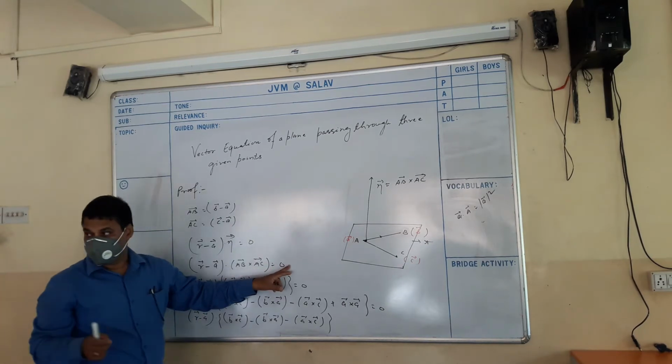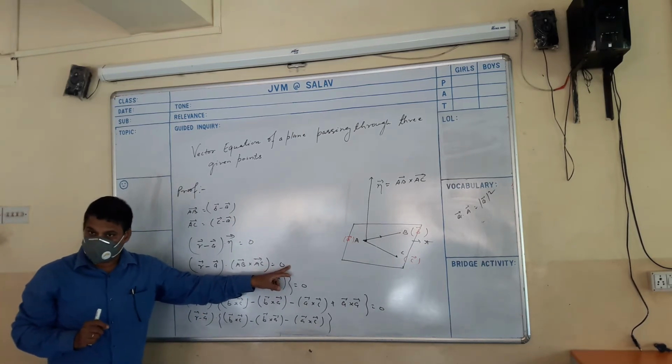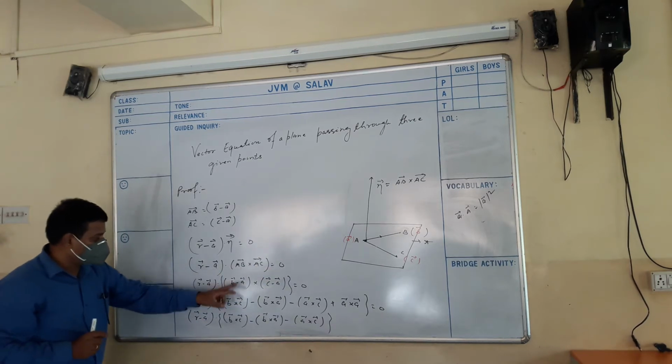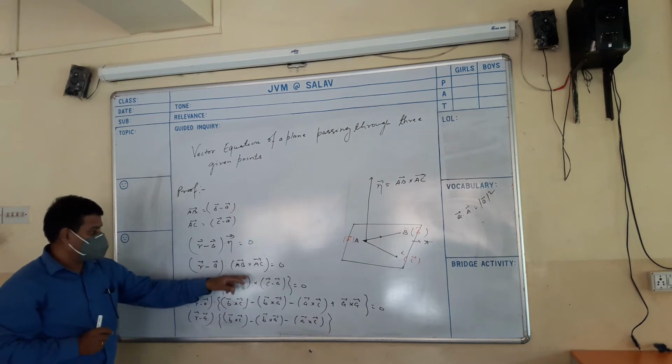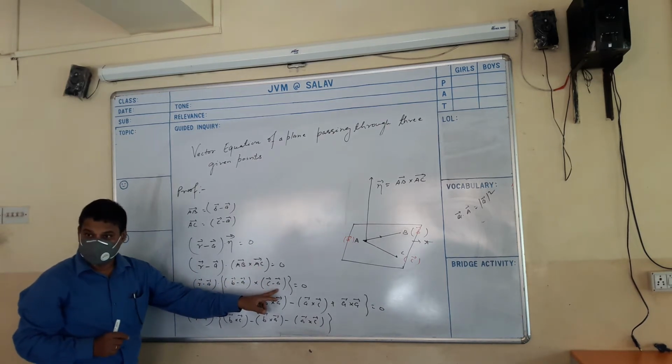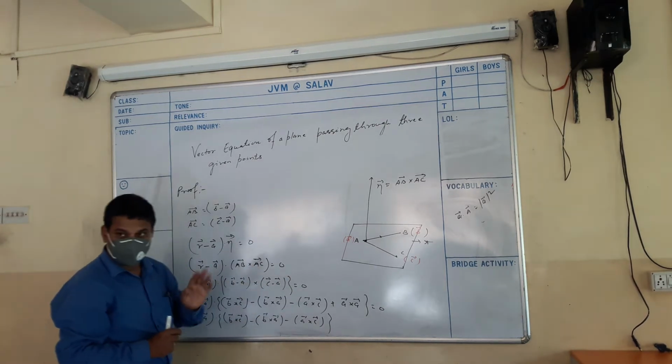Now AB is your B minus A, and AC is your vector C minus A, equal to 0.